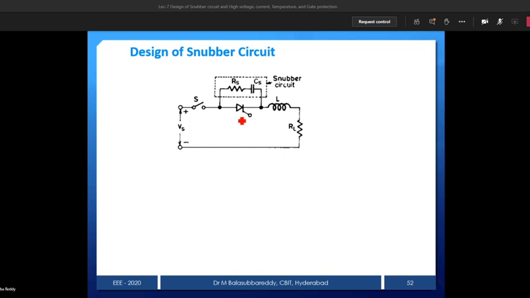Then what is the equivalent circuit? You can see this. There is a resistor, then an inductor, then the load resistor, then it goes to the supply. This is the equivalent circuit when the switch is closed. This is plus, this is minus, the supply is Vs. Some current is passing through this. That current is Is.